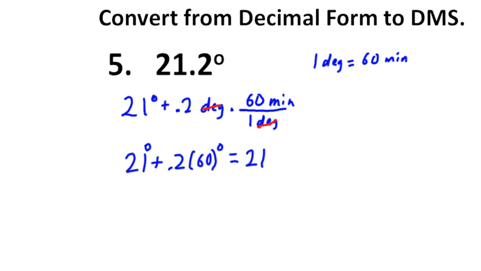Excuse me, I made a mistake here, didn't I? I said degrees, I meant to put minutes here for the second term. So we have 21 degrees, 0.2 times 60 minutes, which is going to be 12 minutes. So that's going to be our answer.